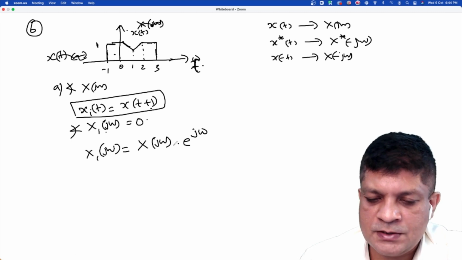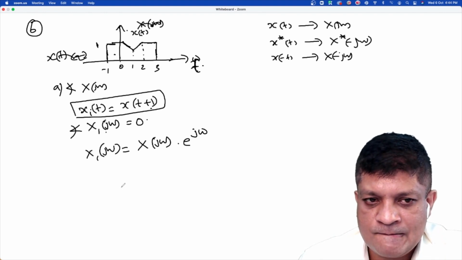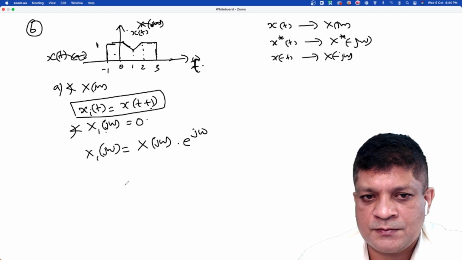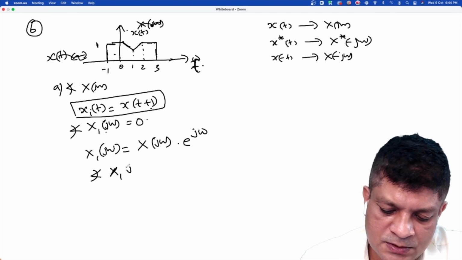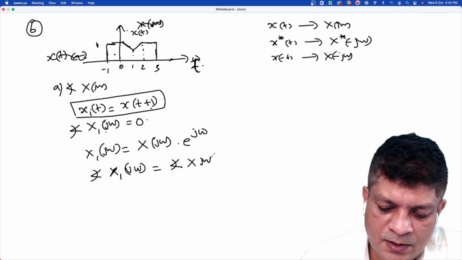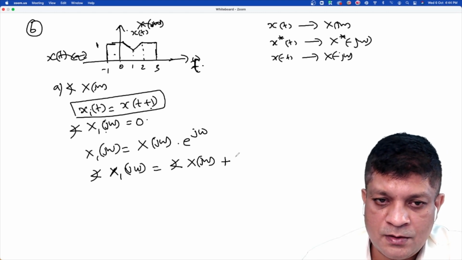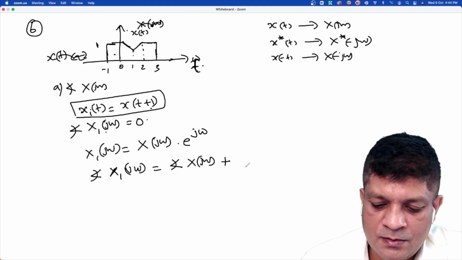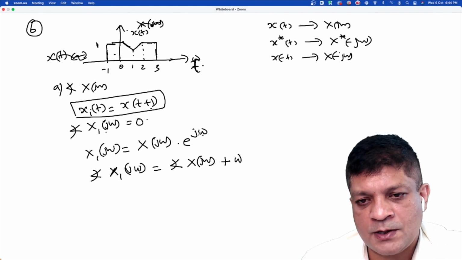Now what is the relation between the phase angles? If this is the relation, the phases add. So the phase angle of X1(j omega) is equal to the phase angle of X(j omega) plus omega. The phase angle of this is omega, it is not j omega.